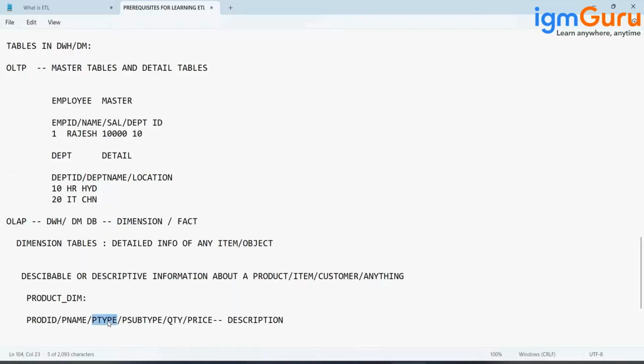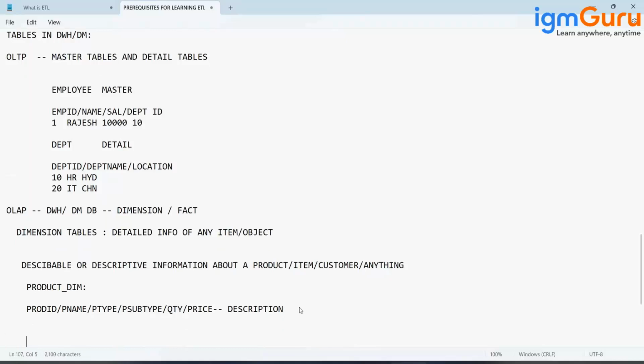It is all about describing the product. Such descriptive information about a particular entity we call a dimension, stored in dimension tables. And coming to the other side, we have the fact table.